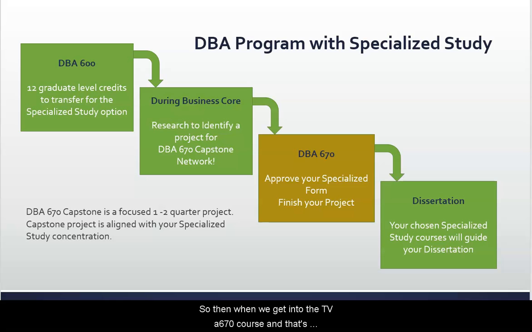And so then when we get into the DBA 670 course, and that's the gold square there, you will have to approve your specialized study form in that particular course before you move forward. So it's part of the course. And then you will finish your project. So keep in mind that your specialized study should align with the specialized courses that you're actually transferring in.